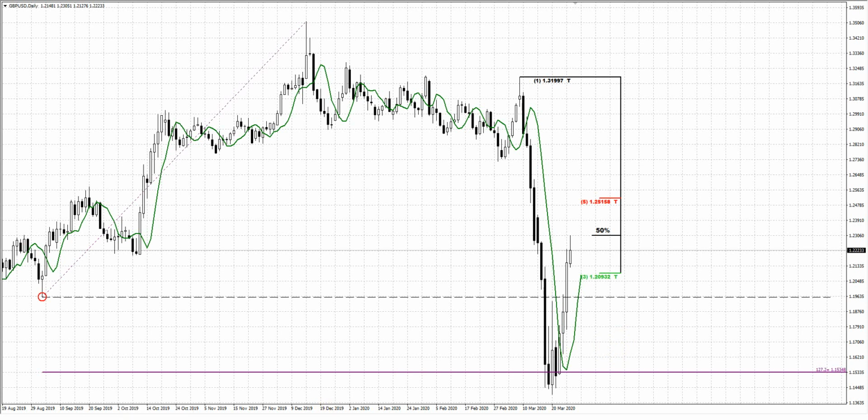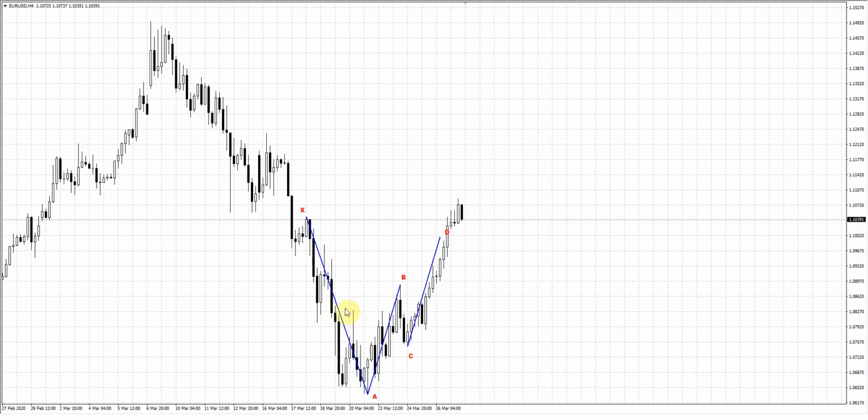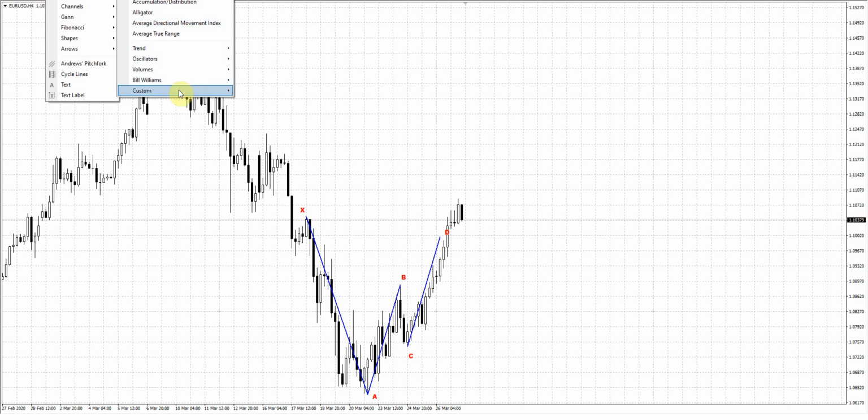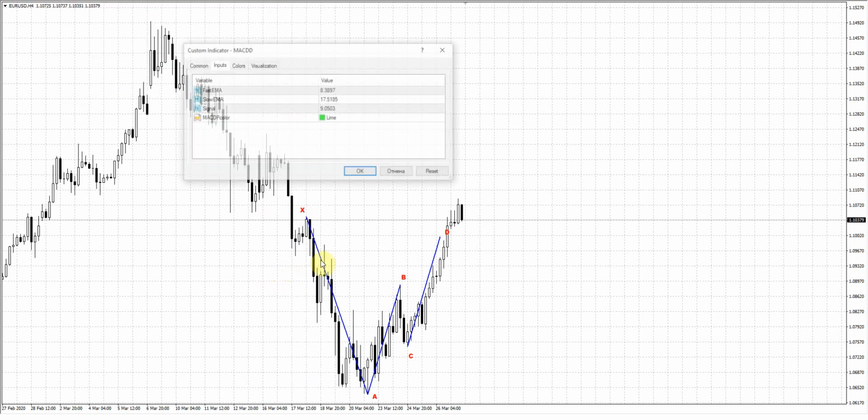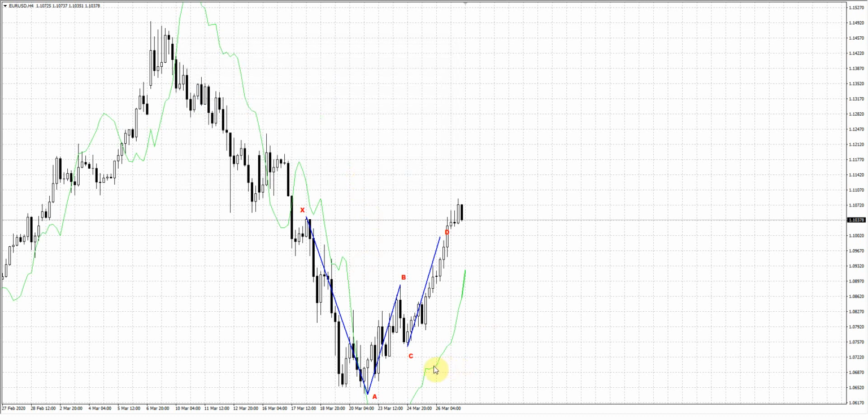On the euro currency, here is the pattern that we discussed. The market has completed the ABCD and shows slightly higher action to the 50% level that we specified. But currently, guys, we need to keep an eye on a clear bearish reversal pattern. In this case, we could consider taking a short position based on the bread and butter trade, but we have to get something that lets us open the trade.